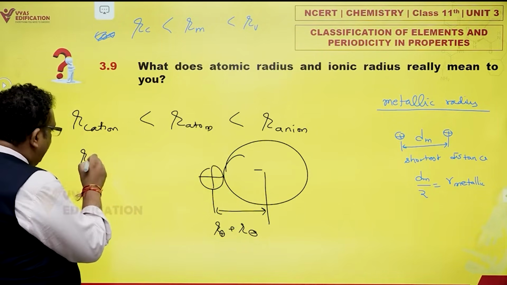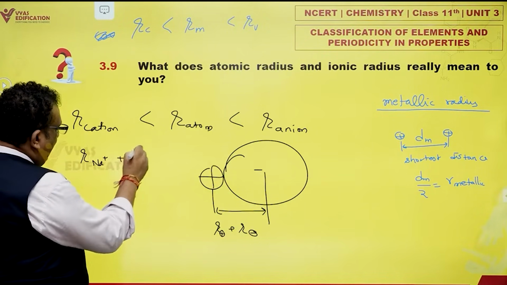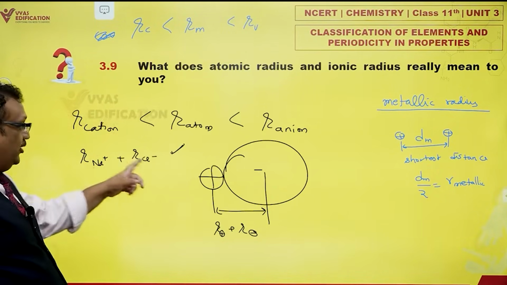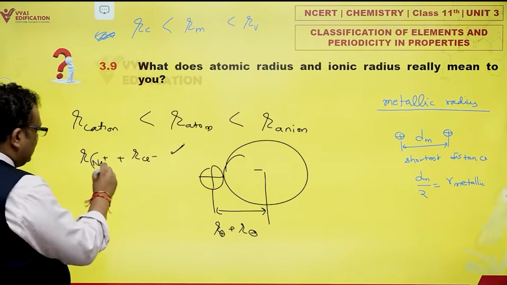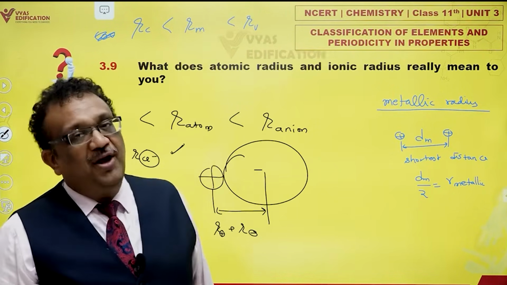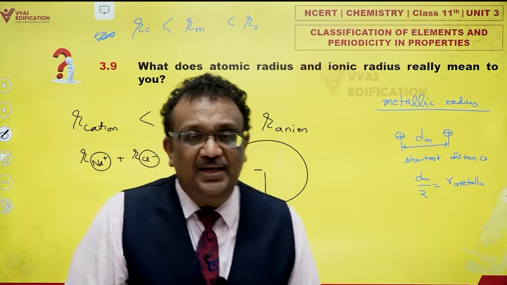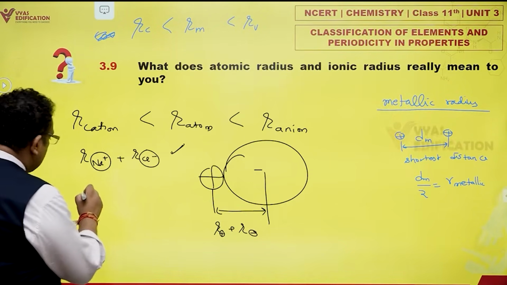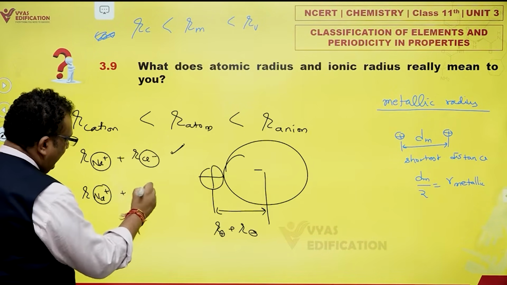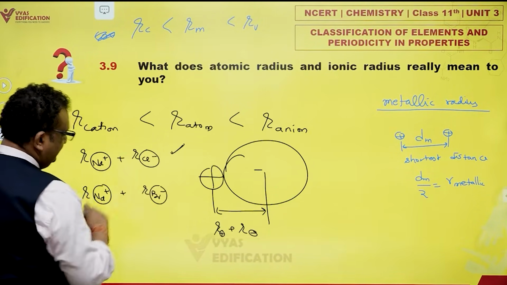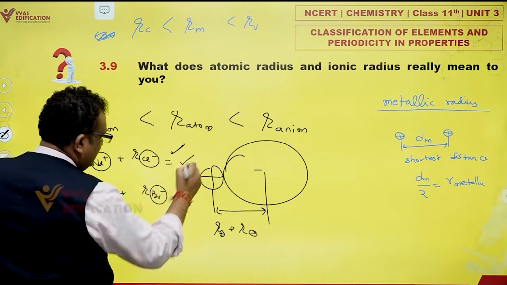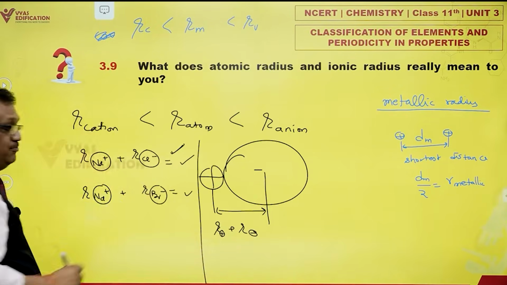But then you will say, but I don't really have individual values of Na plus and Cl minus. Okay, that's fine. We could actually try more. Instead of this, we could also determine the radius of Na plus and Br minus together. Yes, we can. These are values I can experimentally measure.